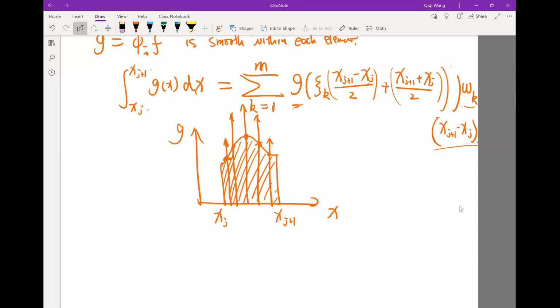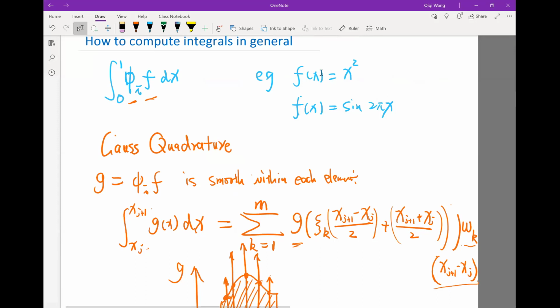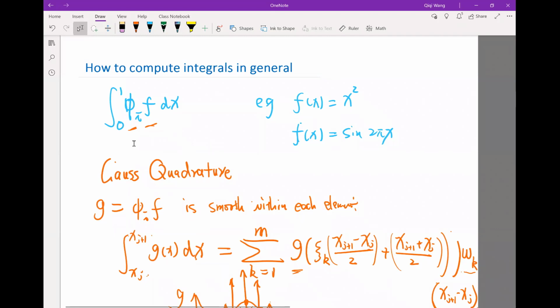But the point is, you will never need more than a few nodes for Gauss quadrature if you have a smooth function, because Gauss quadrature actually converges extremely fast as you increase the number of points. Okay. For the kind of functions we are looking at over here, usually 2-3 points are more than sufficient to get you an extremely accurate integral.